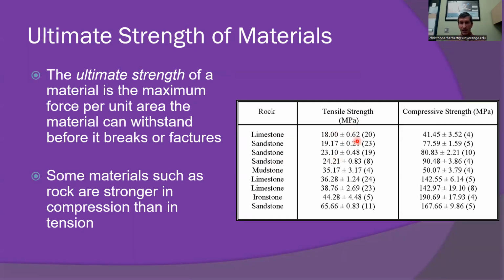But as you can see here, limestone can take 18 megapascals before failing under tension, but it can take nearly double that in terms of compressive strength. Sandstone, the difference is even greater, depending on what type of stone it is.